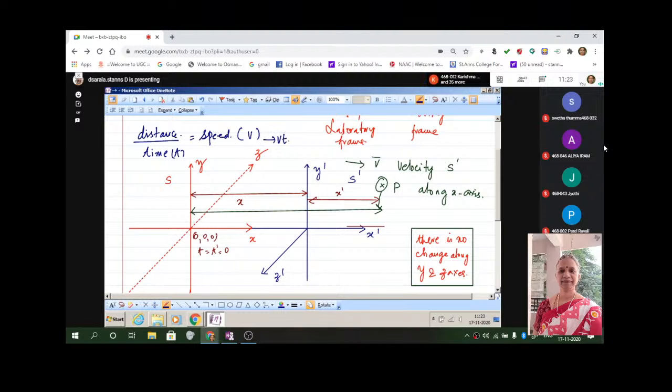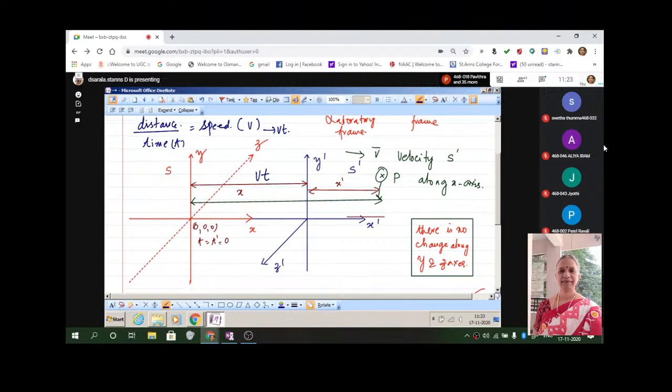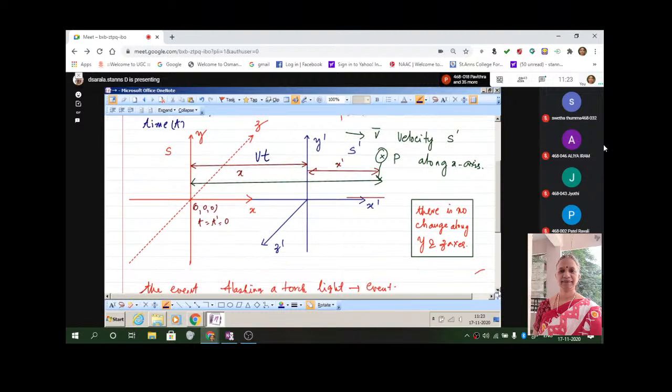V into T. So this distance we are talking about is nothing but Vt. After t seconds, the frame S prime has moved by a distance equal to Vt. Therefore, from this figure, x dash is only this distance. The total distance is x. What is x dash equal to? Can someone prompt me from the figure?